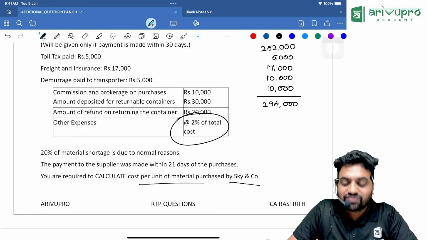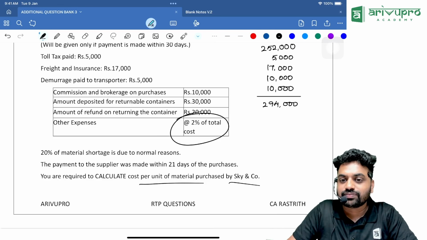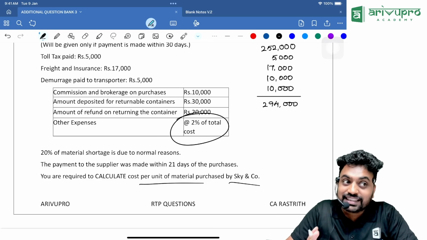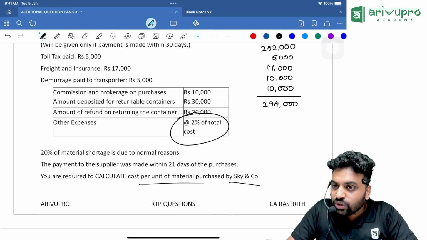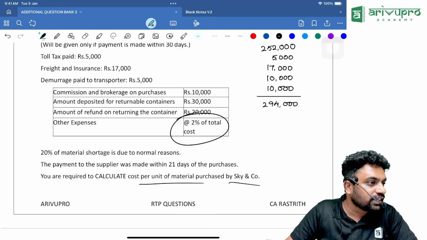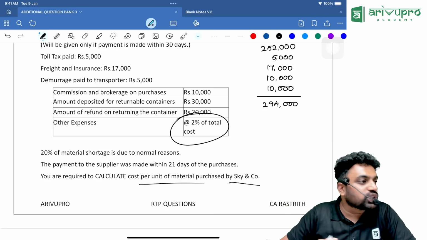Other expenses 2% of total cost, which means total cost is inclusive of other expense. Did they tell total cost exclusive of other expense? Then why are you excluding it while calculating? Which means on 2,94,000 you should not calculate 2%.